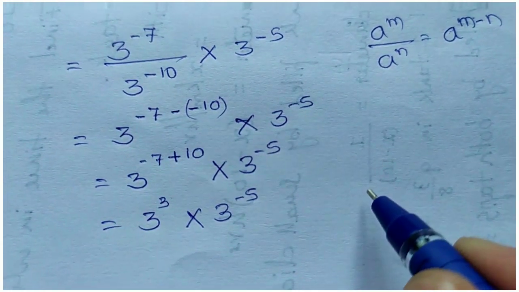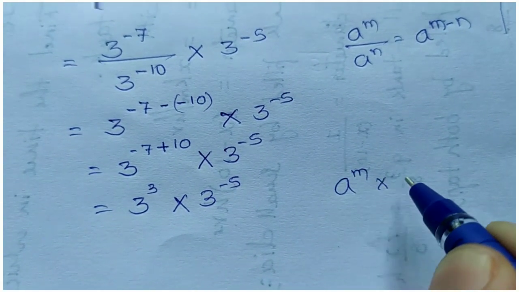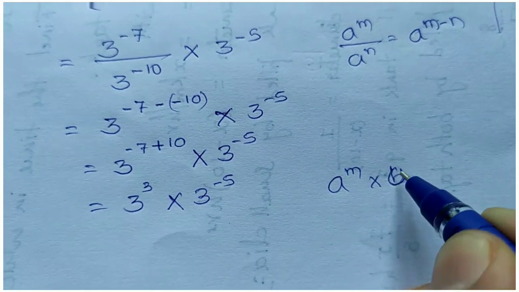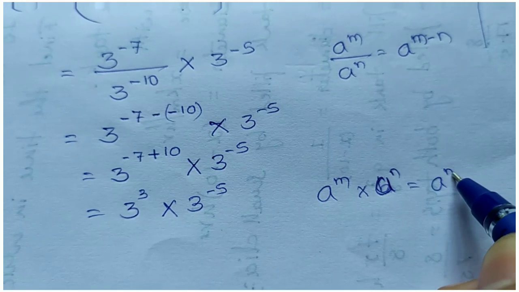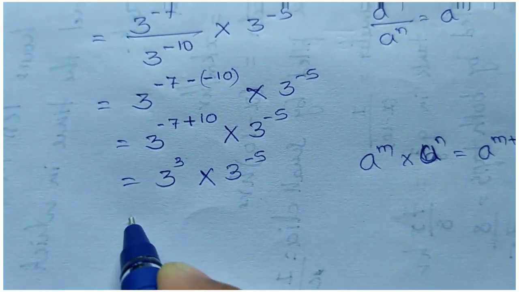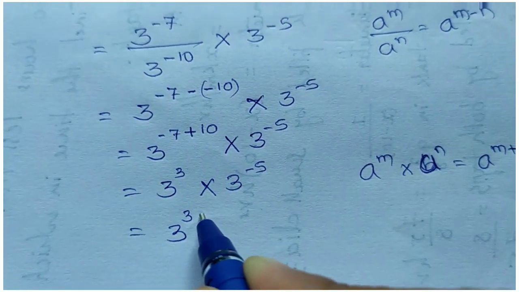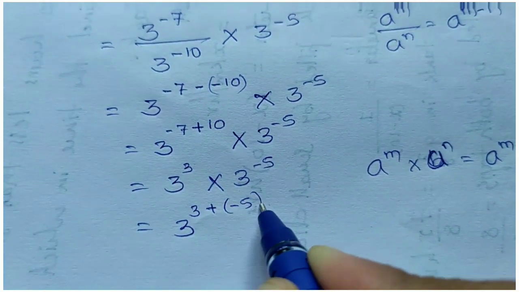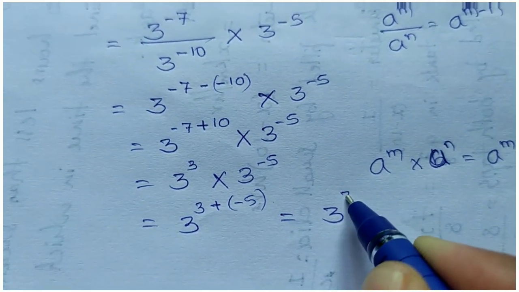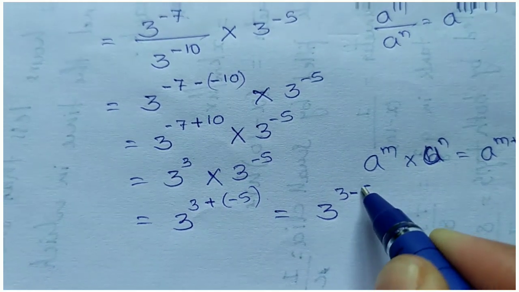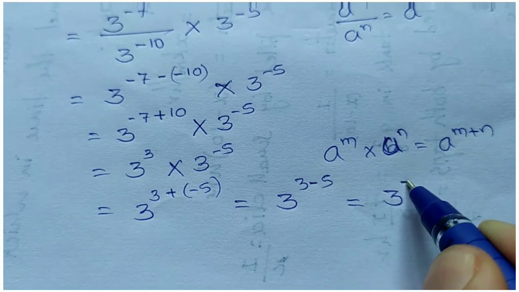Again we have one law of exponent, a to the power m into a to the power n gives us a to the power m plus n. So here 3 to the power 3 plus minus 5 gives us 3 to the power 3 minus 5, that is minus 2.